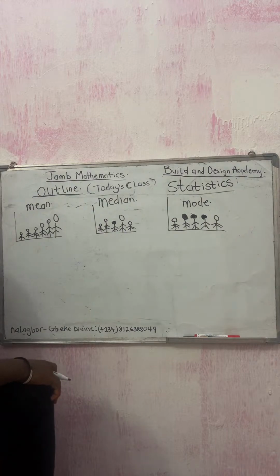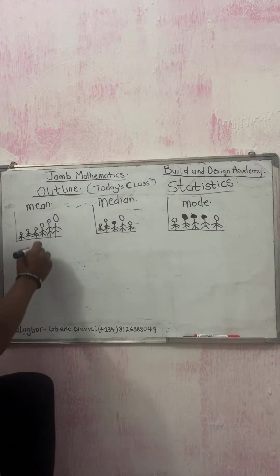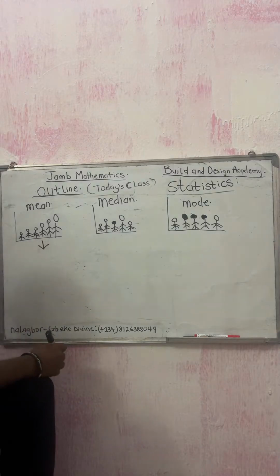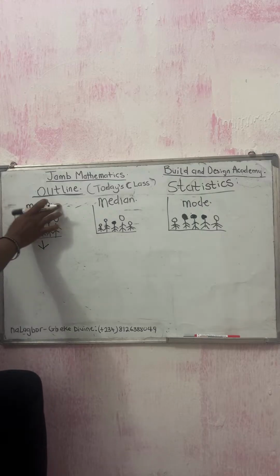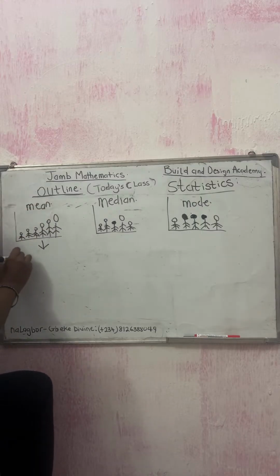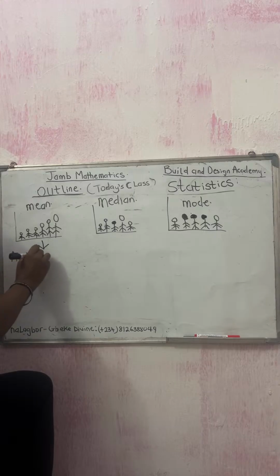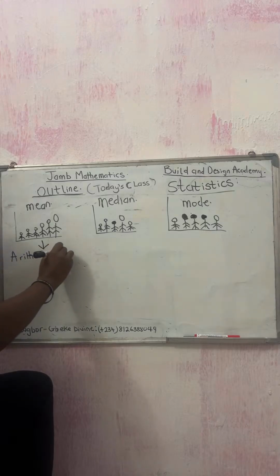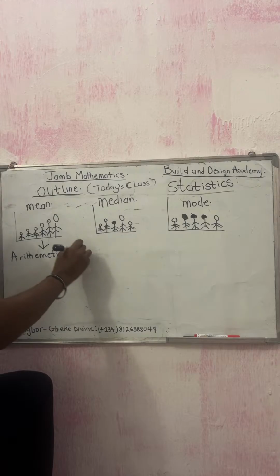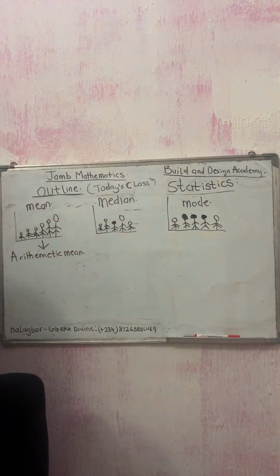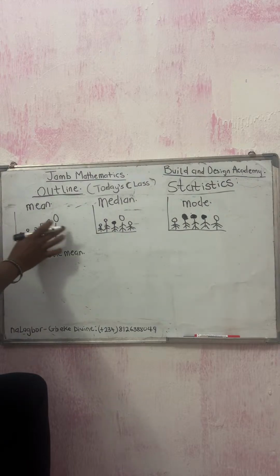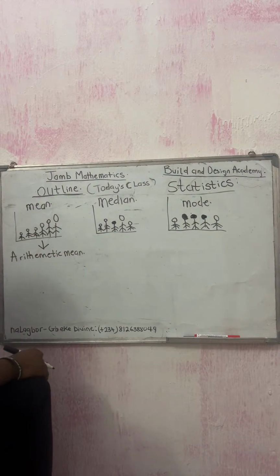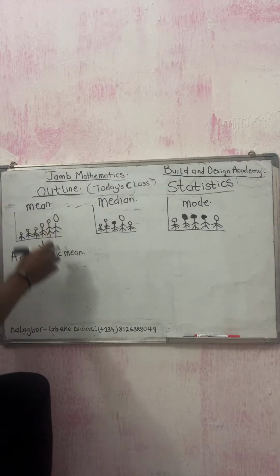Mean, median, and mode. For mean, if you have a set of samples or data, to get our arithmetic mean, we will simply sum up all these variables and divide it by the total number of variables.